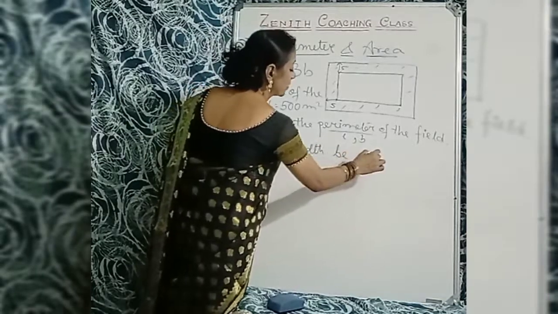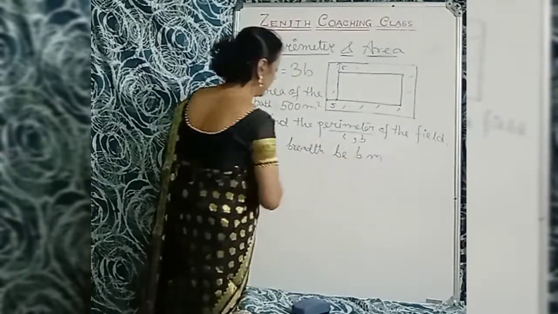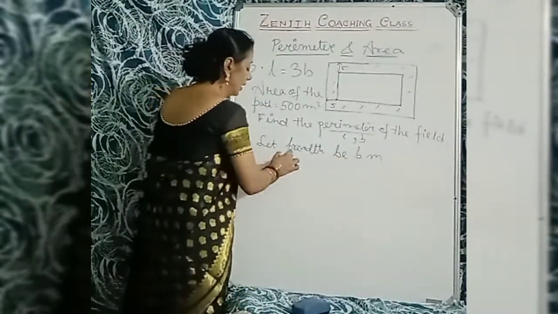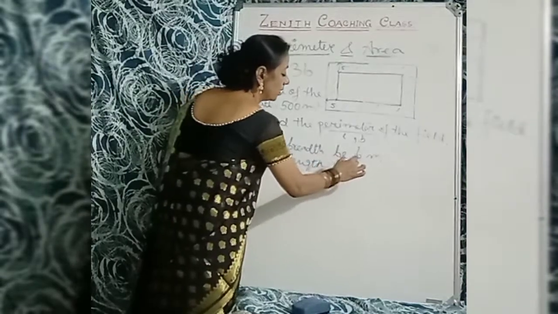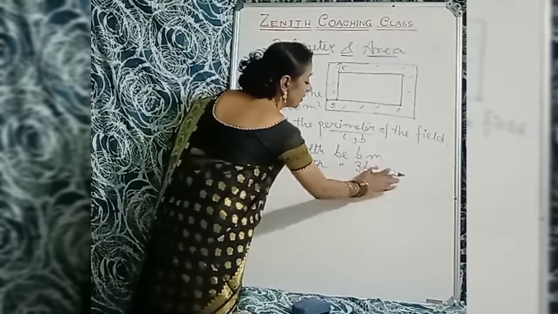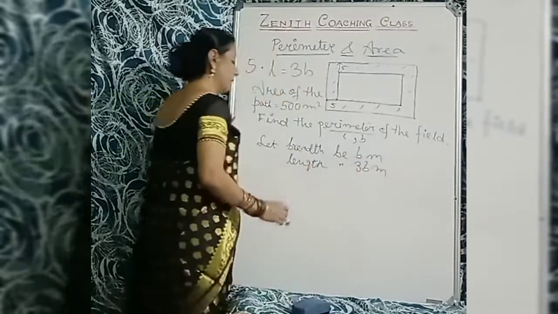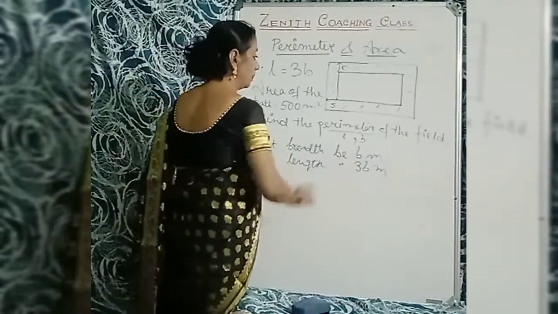Let breadth be b meter. Okay. So therefore length be 3b meter. Why? Because length is 3 times of breadth. Okay. So length is 3 times of breadth. That is, length equals to 3b meter.